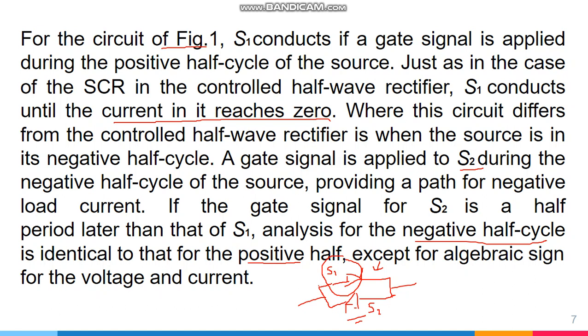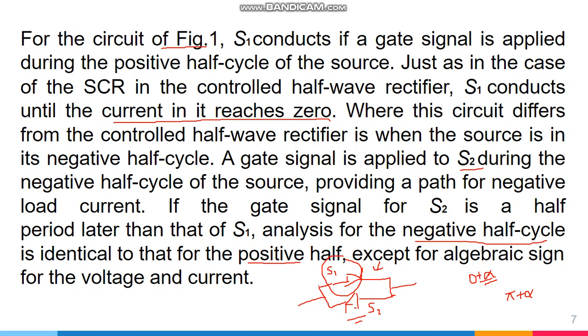So basically what he is saying is that the firing angle alpha is the same for the positive half and for the negative half, only that in the case of the negative half cycle it will come with a delay of pi plus alpha, and for the positive half cycle it will be 0 plus alpha.